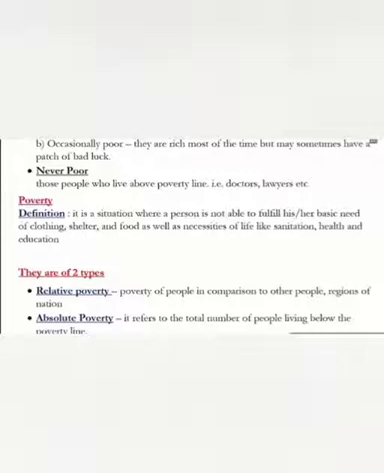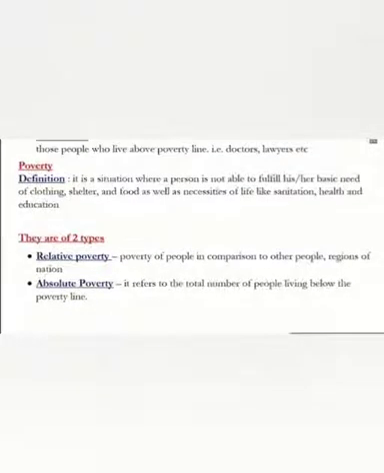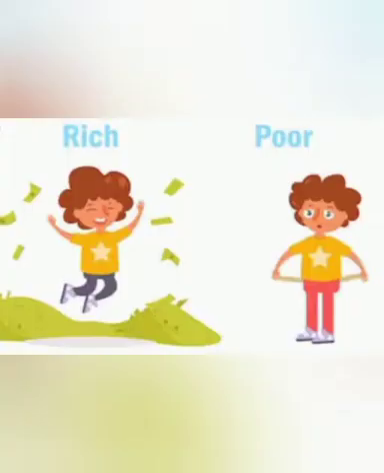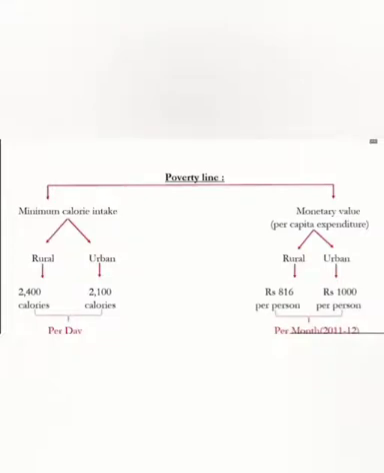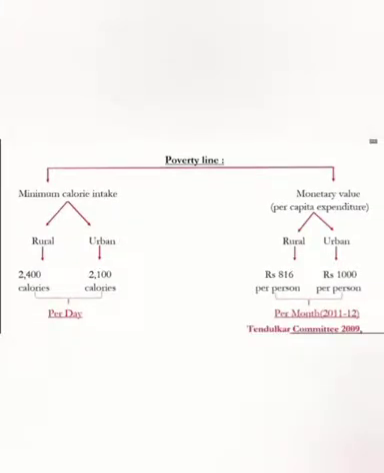Okay, what is this poverty line? How will we measure the poverty line? We can see now carefully. The measure of the poverty line is of two types. One is minimum calorie intake and the second is monetary value. Minimum calorie intake in rural areas is 2400 calories they have to take.